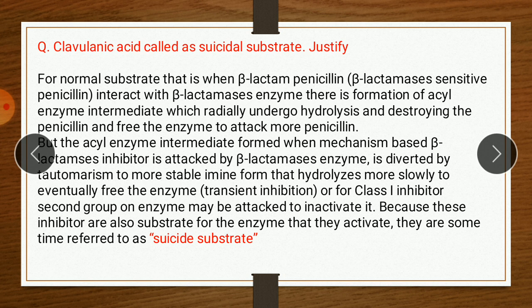Now the question may ask, and many times the question has been asked: why is clavulanic acid called a suicide substrate? Justify. The answer is given here.